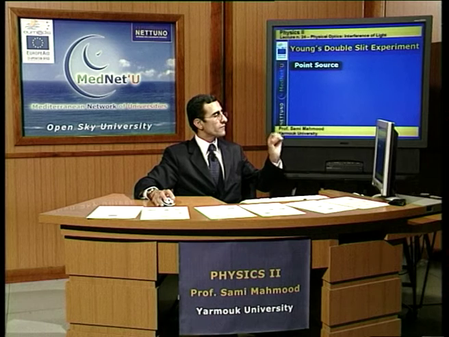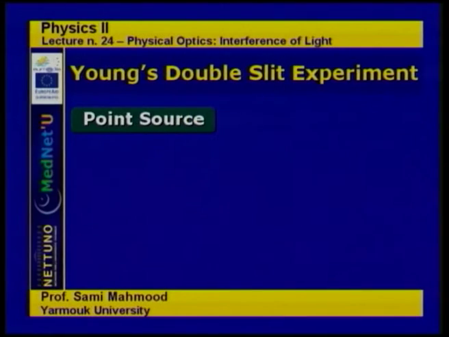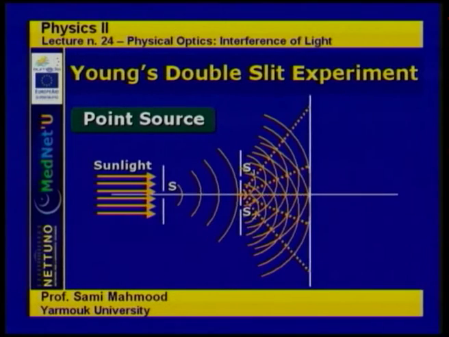This is a historically important experiment where initially interference effects were not observed because there was difficulty obtaining coherent sources. What Young did is that he first obtained coherent sources as follows.